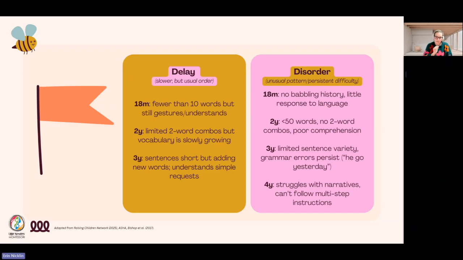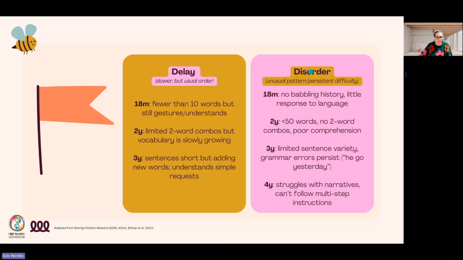So the difference between the delay and disorder really becomes clear when we start to compare what these red flags might look like. So the delay meaning that they're following the same pathway. So at 18 months here, we might have fewer than 10 words, but we still have gestures and we're still understanding.